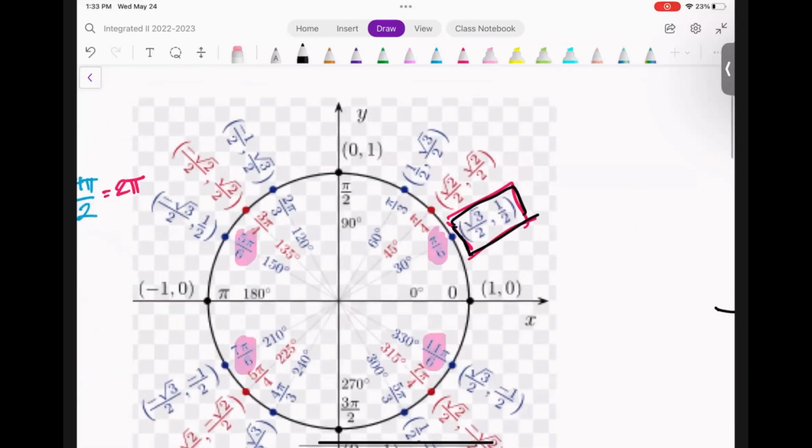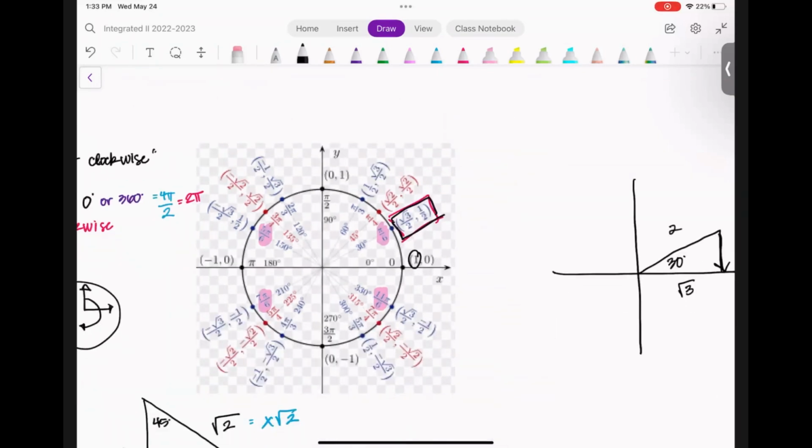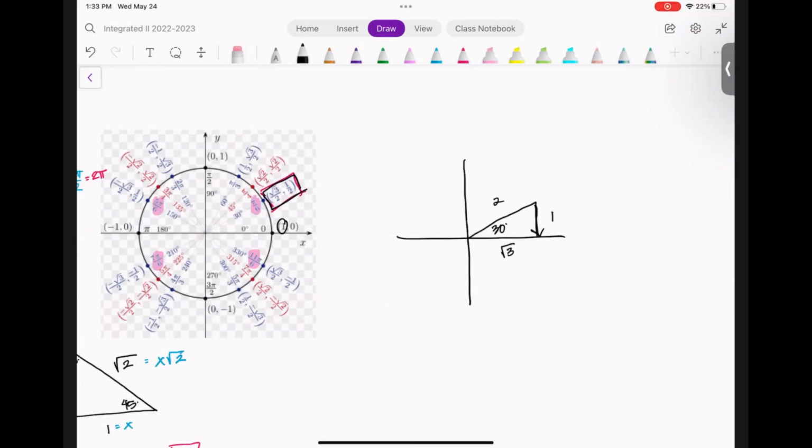The reason why this is called the unit circle is because it's a circle whose radius is 1. Okay. So last but not least, and some of you are thinking, but Miss Johnson, your hypotenuse is 2. I understand, but I'm building this off of what you know.